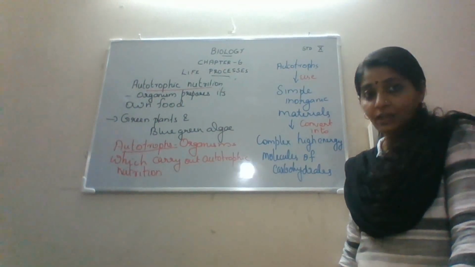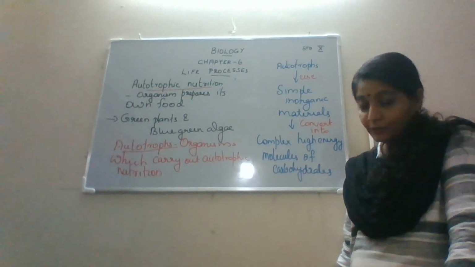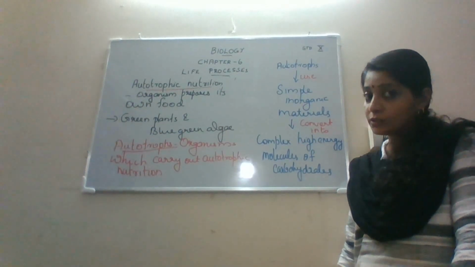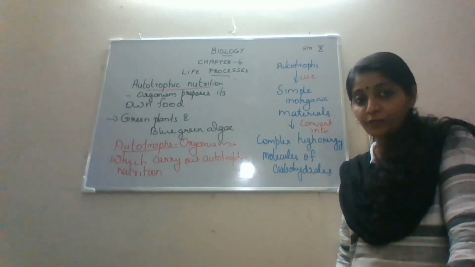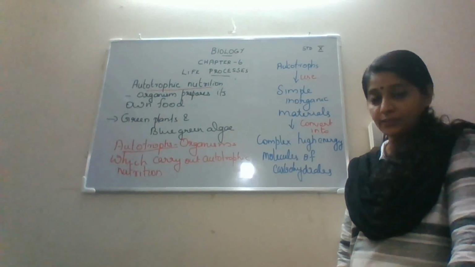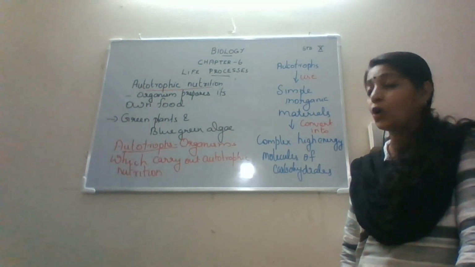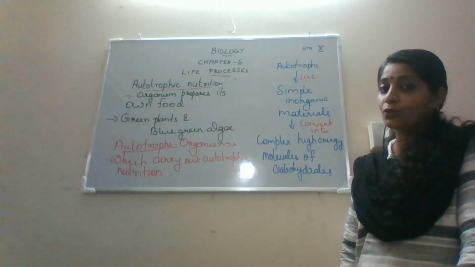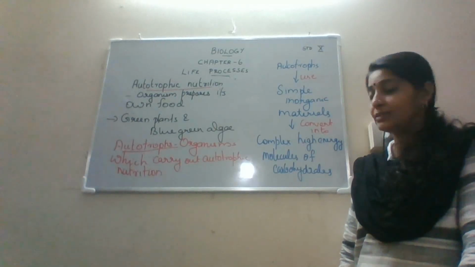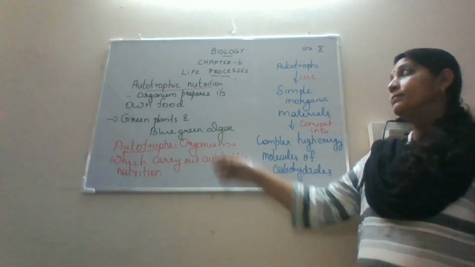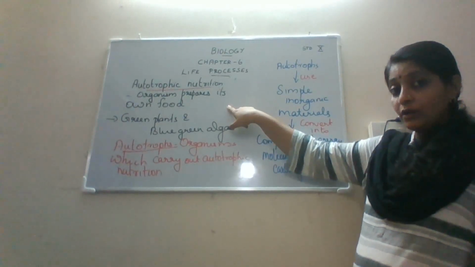In the previous session we learned about nutrition, the need for nutrition and the different modes of nutrition. The two different modes of nutrition are autotrophic nutrition and heterotrophic nutrition, and autotrophic nutrition is the type of nutrition in which an organism prepares its own food. So now we will study autotrophic nutrition in detail. Autotrophic nutrition is a mode of nutrition in which an organism prepares its own food.